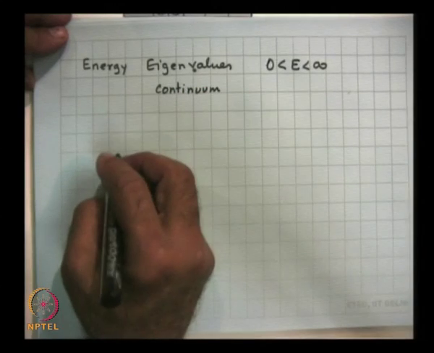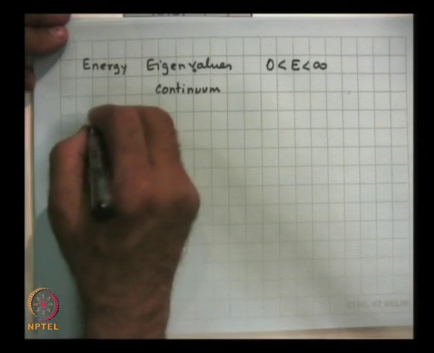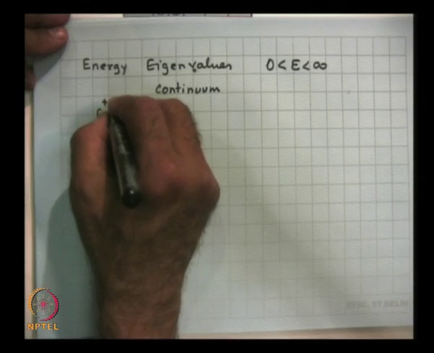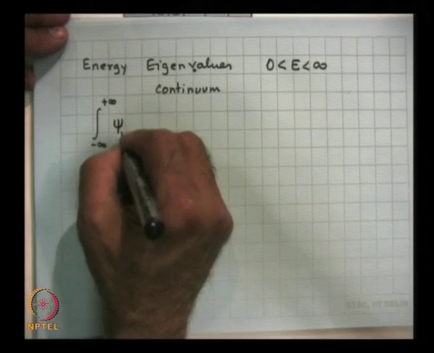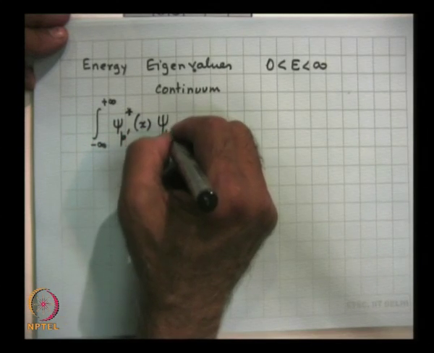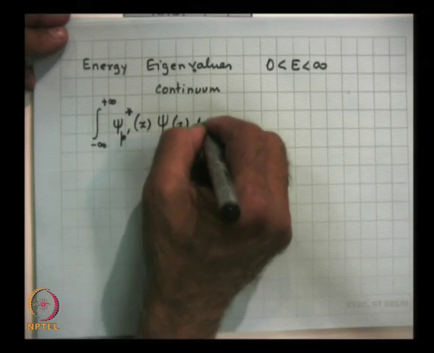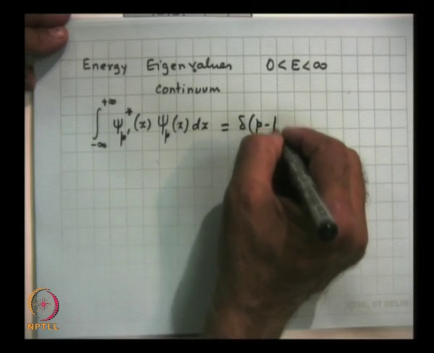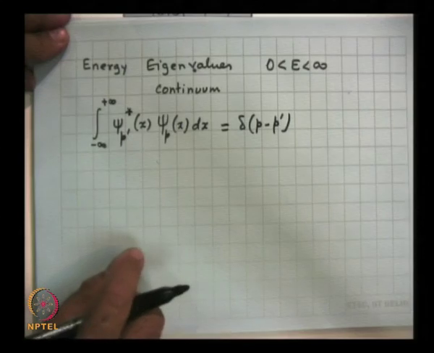And when this happens, the orthonormality condition is represented by this equation, the integral of psi p prime star of x psi p of x dx. The Kronecker delta symbol is replaced by the Dirac delta function.